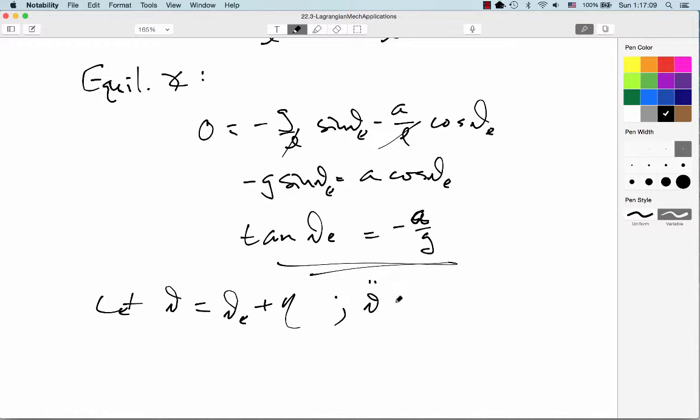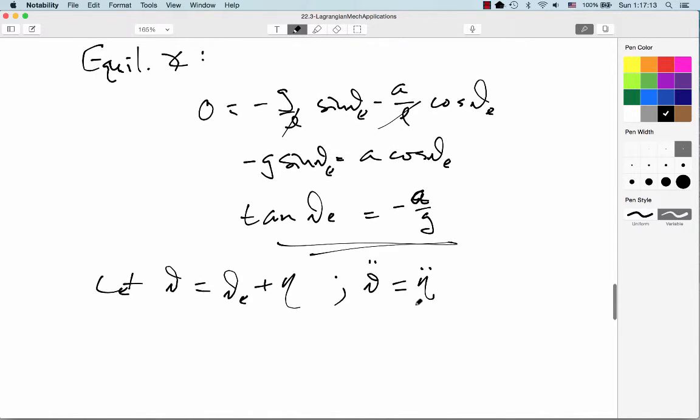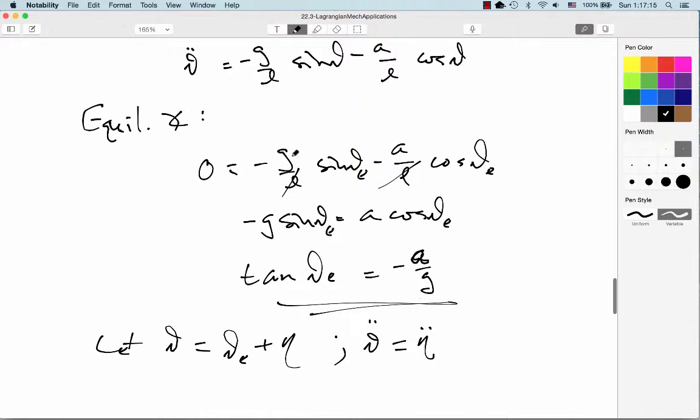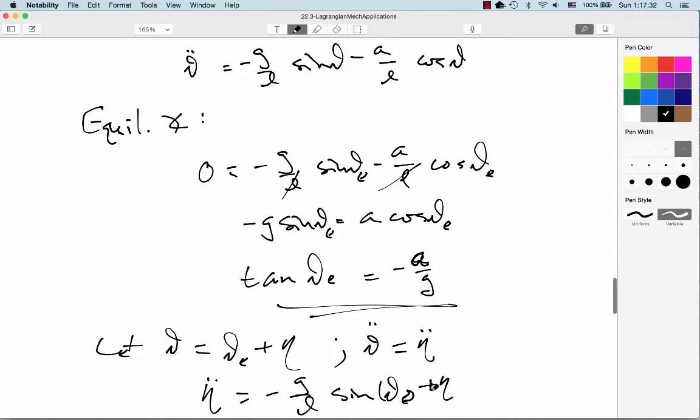So wherever I have theta double dot, that'll be equal to eta double dot. So my equation of motion will become eta double dot equals minus g over L sine of theta equilibrium plus eta, minus a over L cosine of theta equilibrium plus eta.